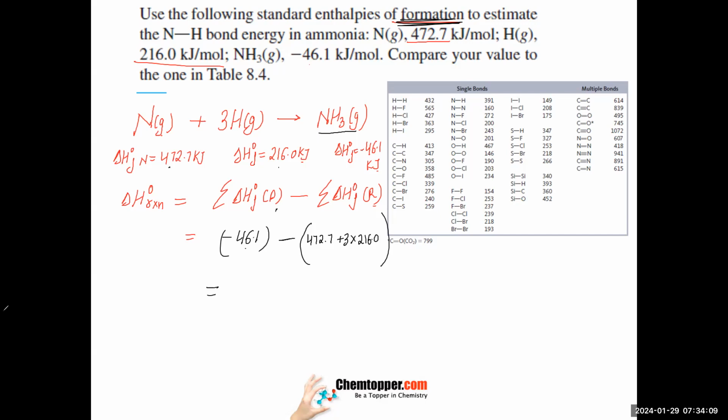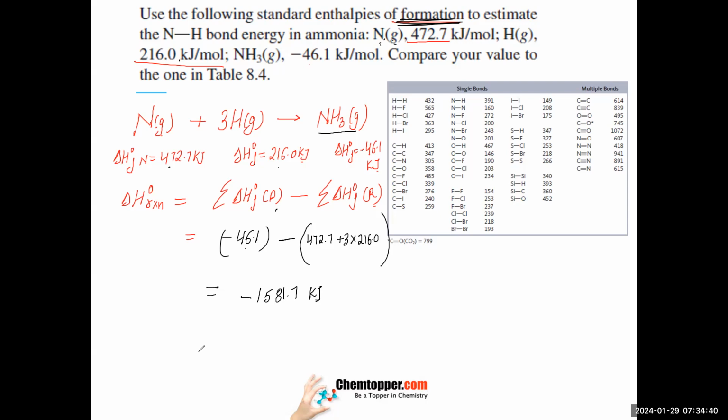Sanjana, you are writing no for what? So remember, the formation value of nitrogen gas is not zero because it is N gas. If it is N2, it would have been zero. So what's the answer? Minus 1581.7 kilojoules, right?